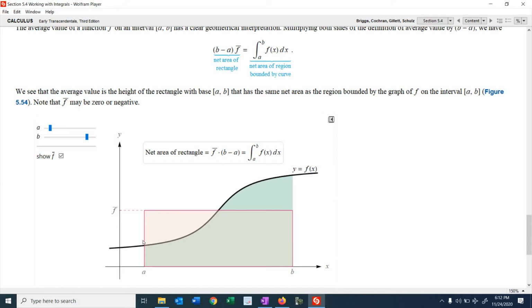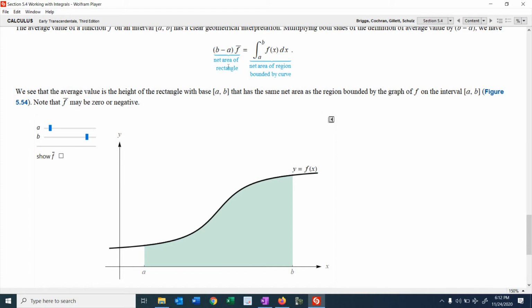Notice that the area in this little rectangle is the same as the area that's trapped underneath this function from a to b. And if you find the area of this little rectangle, the area is just b minus a, which is the width, times the height, which is f bar. So when you multiply those together, you get the area of the rectangle, which is the same as the area trapped underneath this function, starting at a and ending at b.